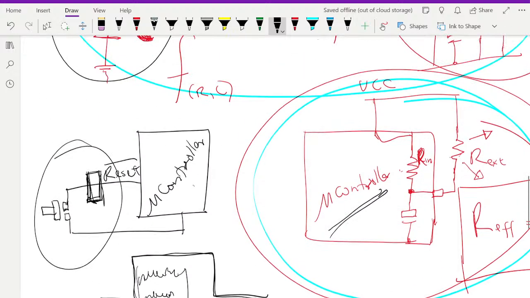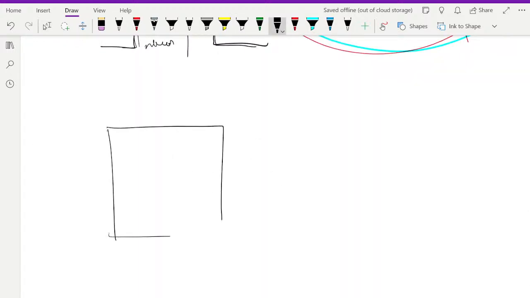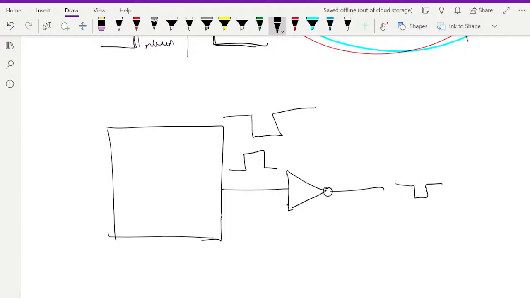You can always invert the output. If your reset requires a negative going voltage but you have a system that generates positive, you can just connect a NOT gate so that when this is high, this is low. And for the whole period this will be low, this will always be high.